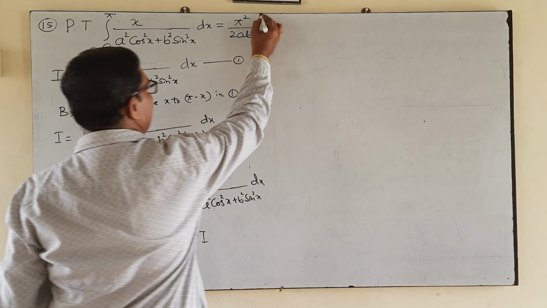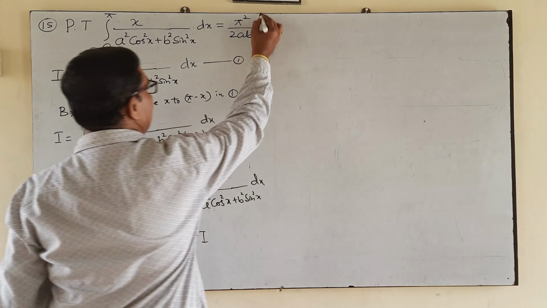Now that is equal to pi into integral 0 to pi, 1 by cos square, secant square x divided by a square plus b square sin square by cos square, which is tan square x. Right? Now here you can apply one more property.